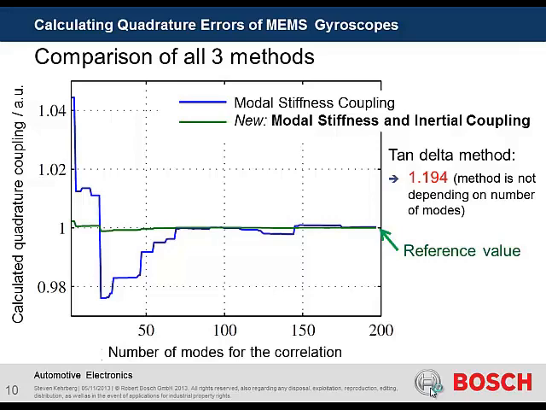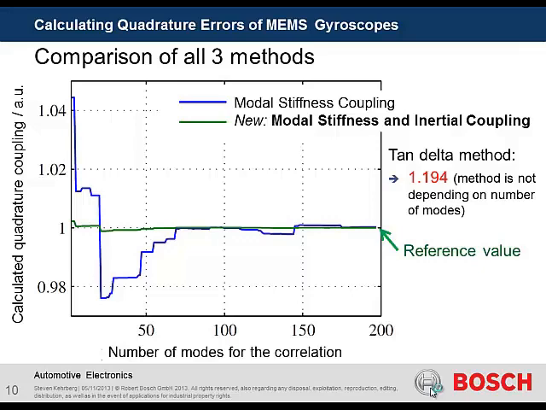But what we can see here is, if you use only the stiffness coupling, only the modification of the spring stiffness matrix, then over the number of modes for the correlation, so for the combination of different modes to build up these quadrature effects, we have these alternating results.